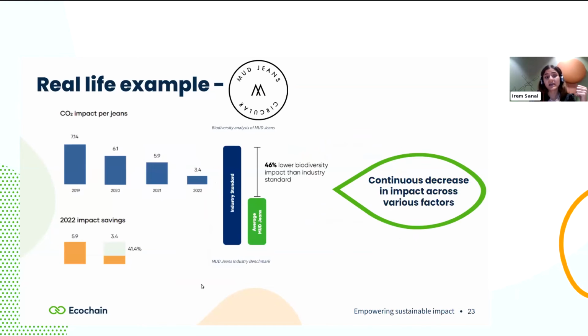And as you see, they reduced their CO2 drastically within the years, and not only CO2, but also biodiversity. So with the CSRD regulations, from now on you don't only need to report on CO2 or water use, but also on biodiversity. So as you see here, they also reduced their impact on various impact categories.